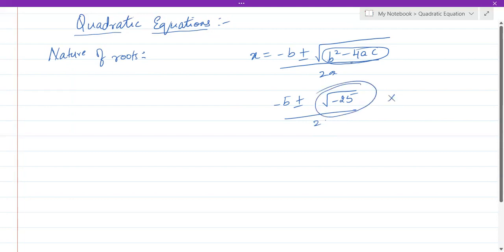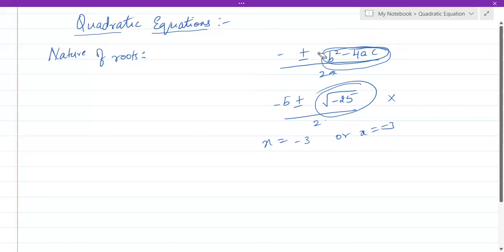At the same time, in certain examples, if this b square minus 4ac comes out to be 0, then both the values of the roots that you get will be same, something like minus 3 and minus 3. So the nature of the roots depends on the value inside the root.